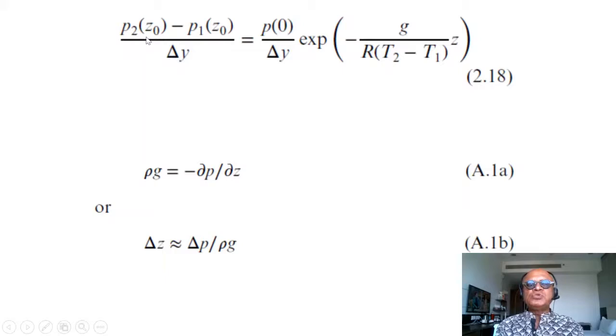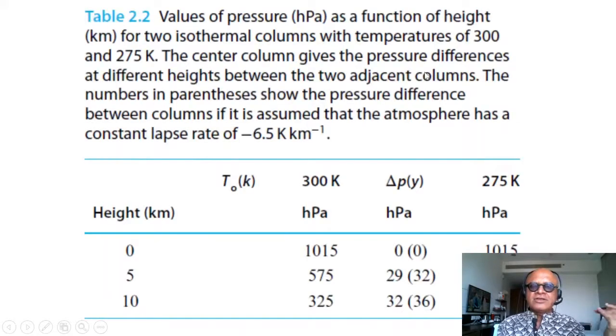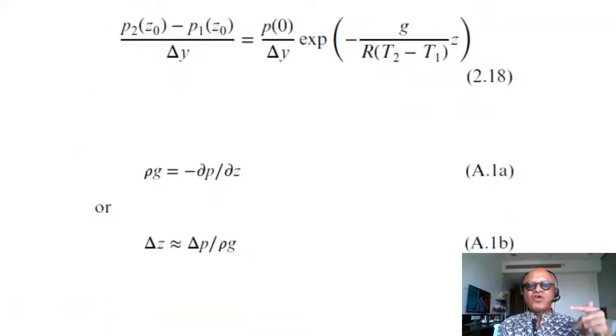So P2 at the same height minus P1 at the same height, over a latitude distance delta y, can be written as P0 over delta y times exponential of minus g over R, times T2 minus T1, using our hydrostatic relation that we saw before. I'm not going to go back, but basically we converted this into temperature and R using the ideal gas law. So why are we doing this?